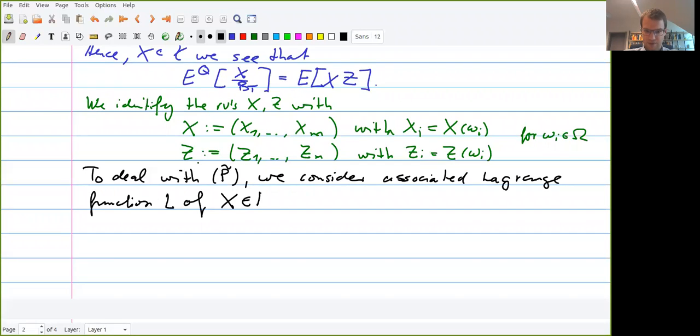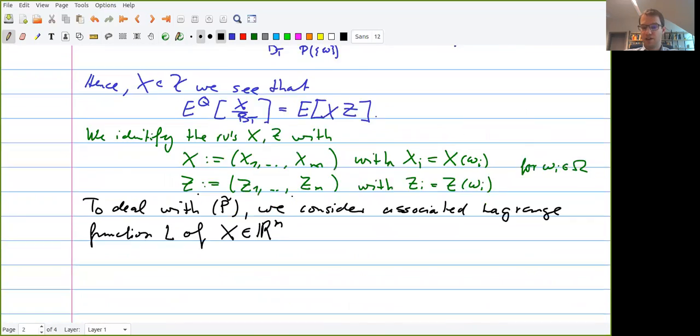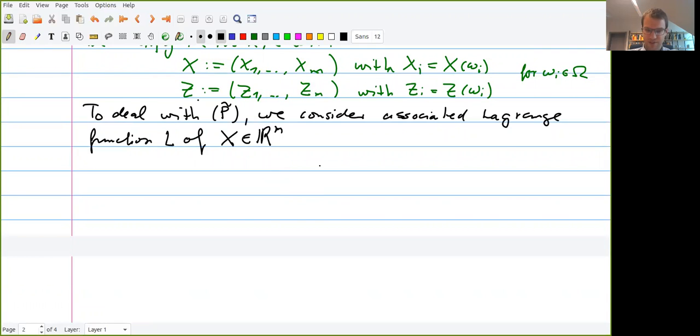X is now a vector in Rm. So this is, let's go up to our problem, lambda p, right? So we have your function. This is the function with the expected value of u applied to x. And if you understand x as a vector in Rm, well, this is just a sum over the values of u applied to xi, the value you get, multiplied with the probability that it appears. So this is indeed a real function.